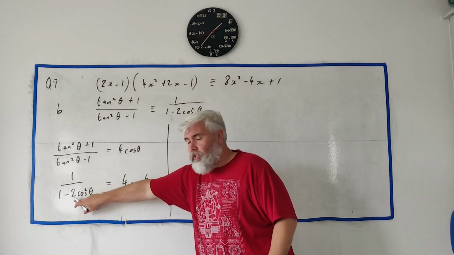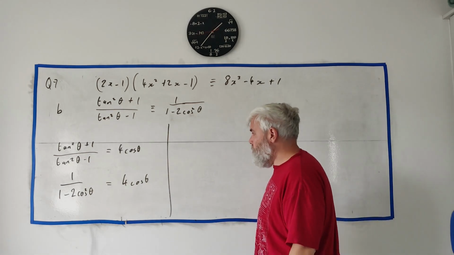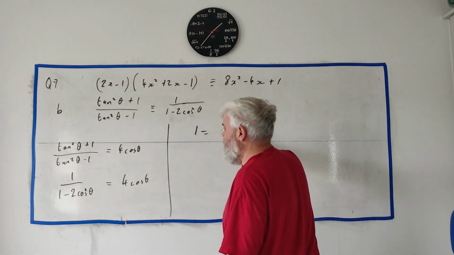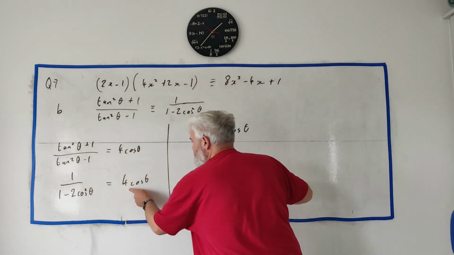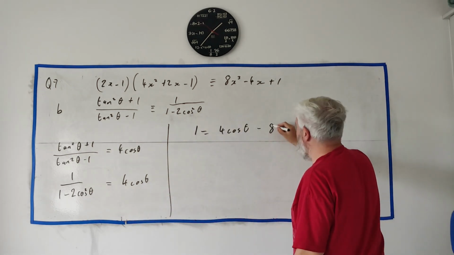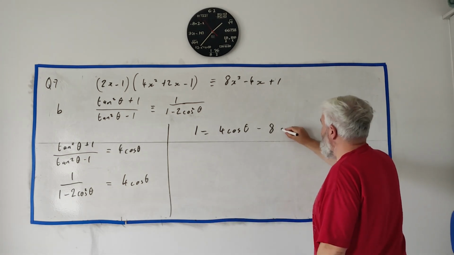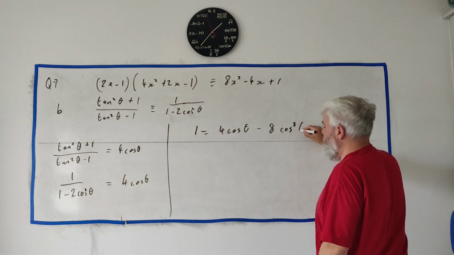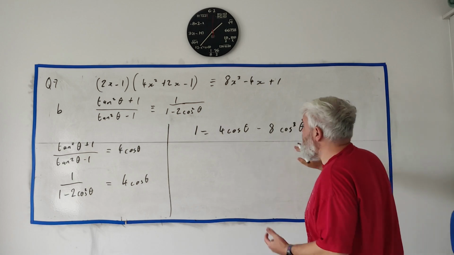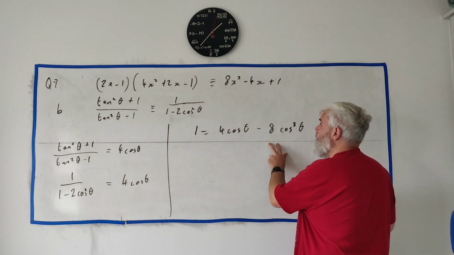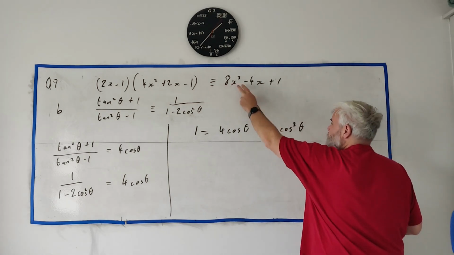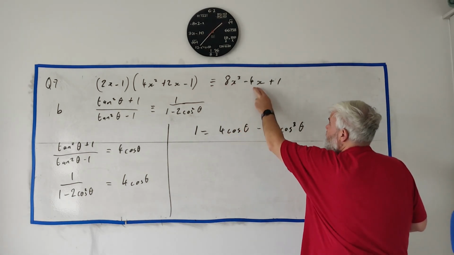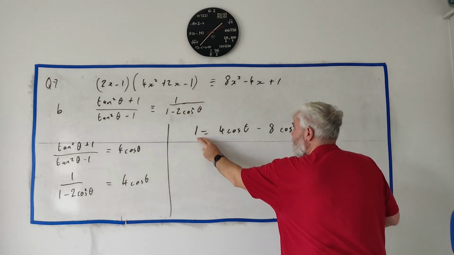If we multiply both sides by 1 minus 2 cosine squared, we get 1 is equal to 4 cosine theta minus 8 cosine cubed theta, that's 1 times this, and 2 times 4. Still, this might not be too obvious, but it's starting to look a little like this one here. 8 something cubed, 4 something, and there is in fact a 1.